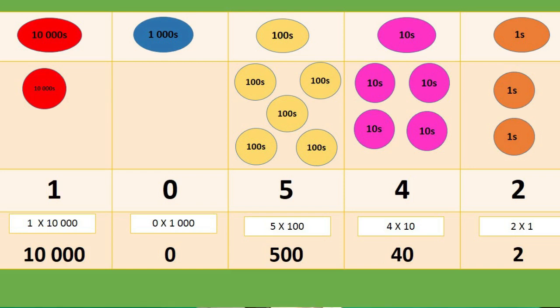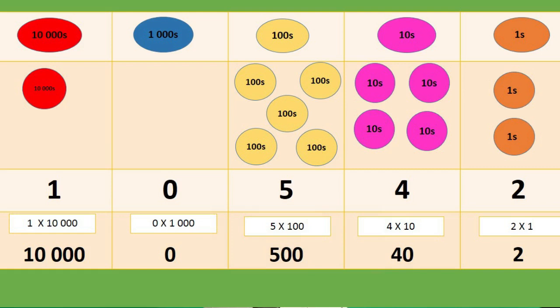In the fourth row naman, we will write the value of each digit. And by getting the value, just multiply the digit to their place value. Just like the value of 2 in 1's place is equal to 2 because 2 times 1 is 2. The value of 4 in 10's place is 40 because 4 times 10 is 40. The value of 5 in 100's place is 500 because 5 times 100 is 500.